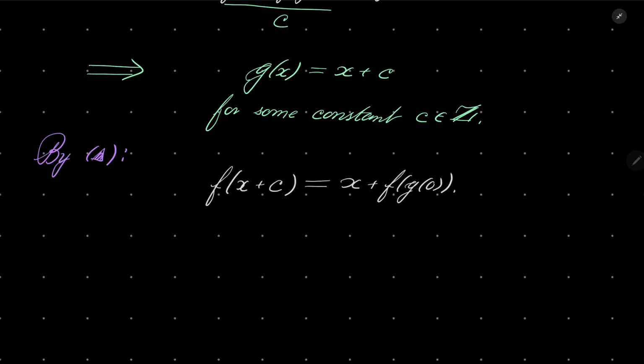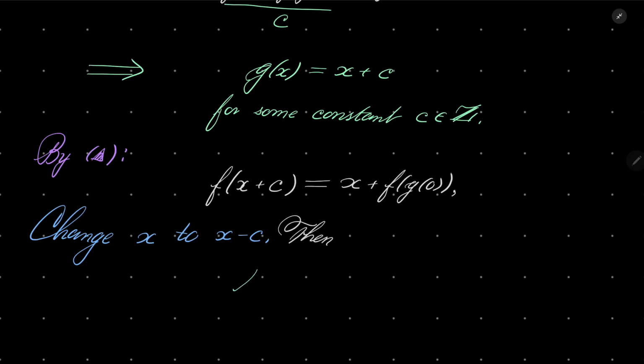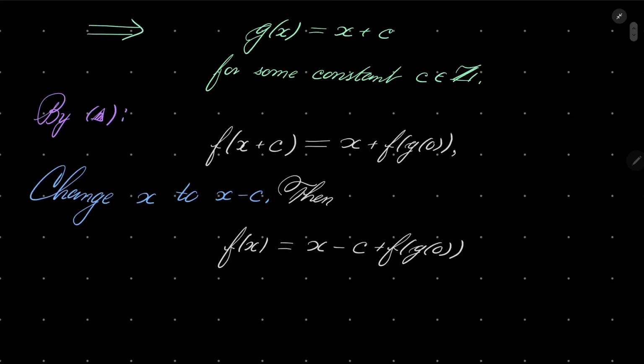Alright, and now to find f of x, let's change x to x minus c. Then we have f of x equals x minus c plus f of g of 0, and this right here is another constant.